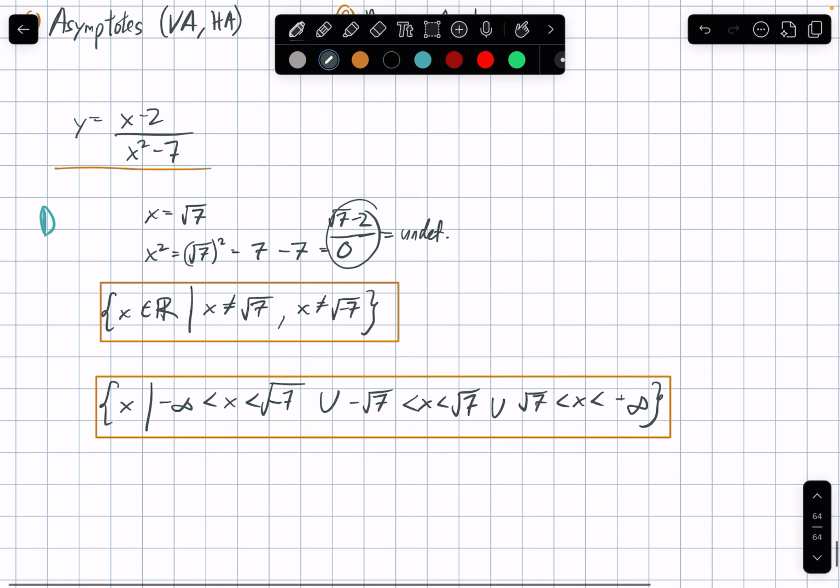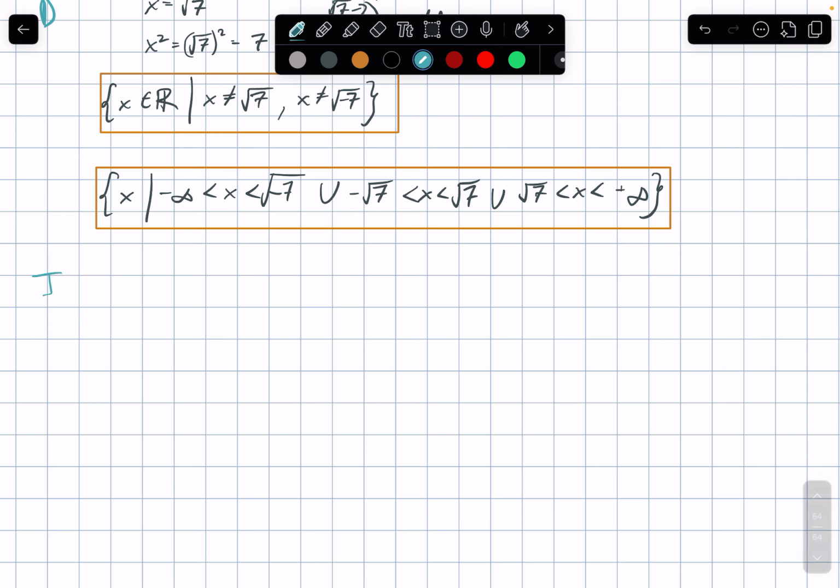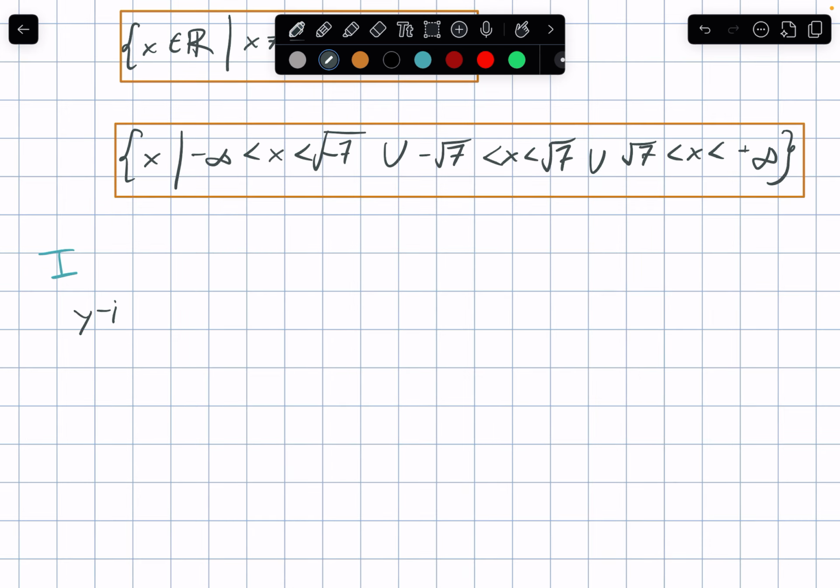So let's move on now to intercepts, I. When it comes to intercepts, we have the y-intercept and the x-intercept. How do you find the x-intercept? Sorry, this one first. How do you find the y-intercept? This is assuming that your x is going to equal 0.